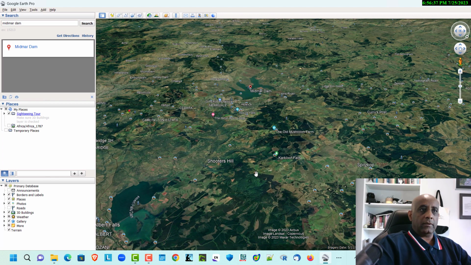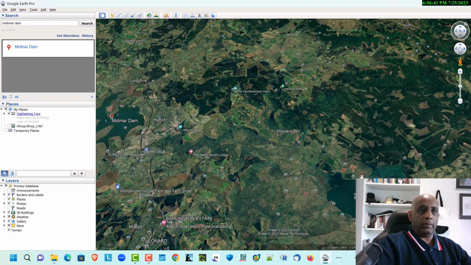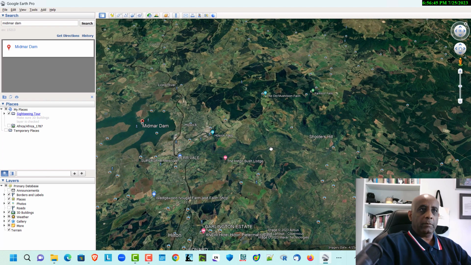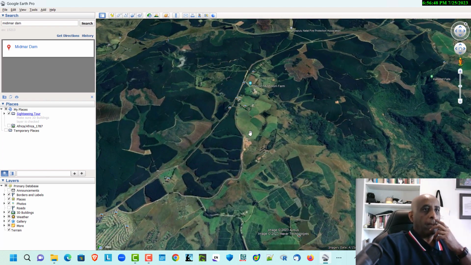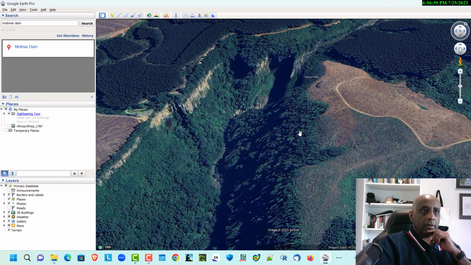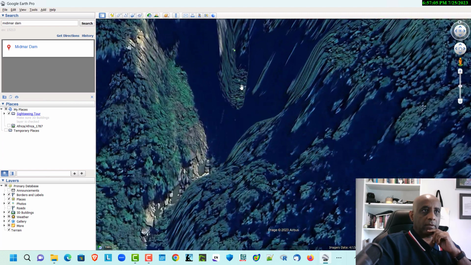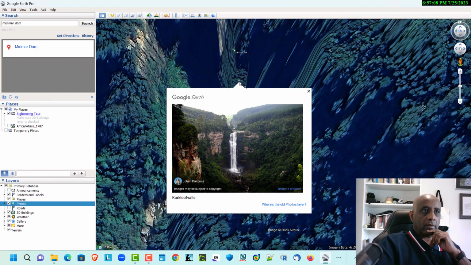And you can see this is the Albert Falls Dam. And similarly, there is another fall here that is called Karkloof Falls. You can see the fall is similar, the Karkloof Valley.